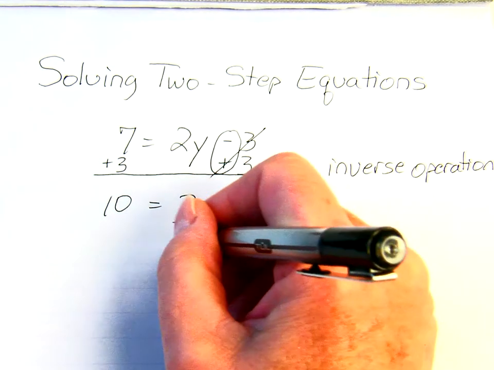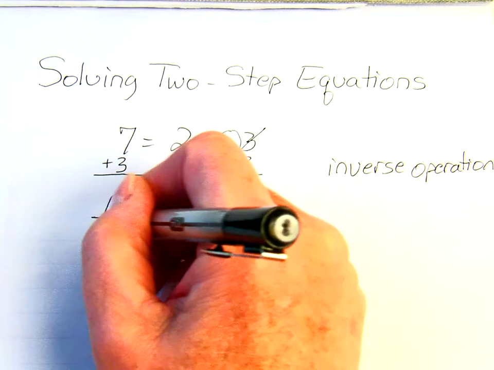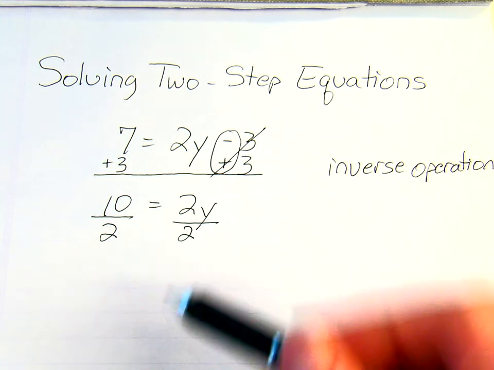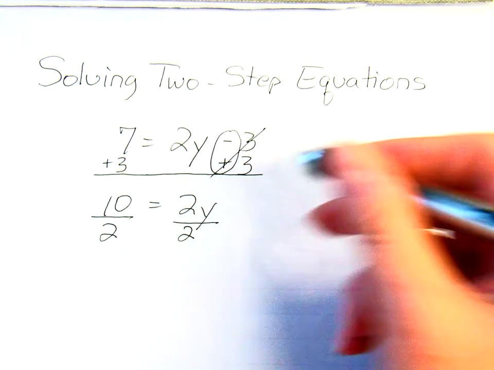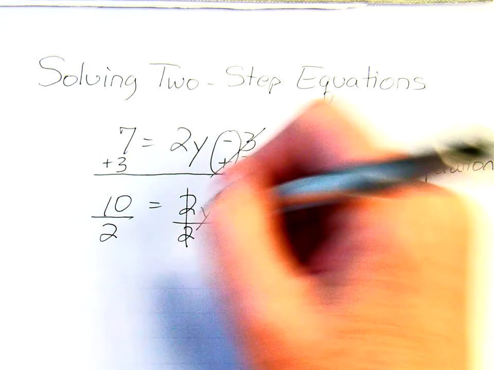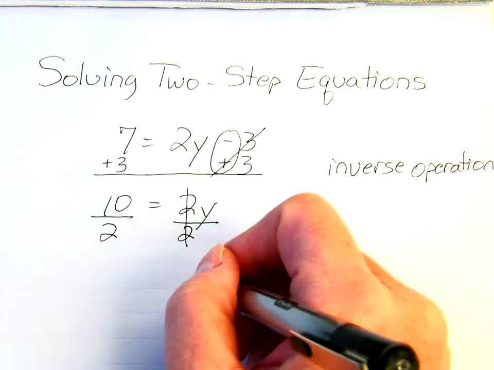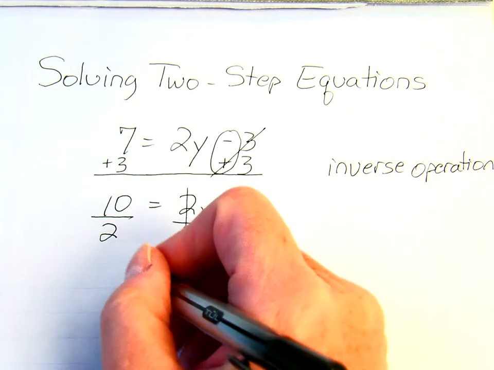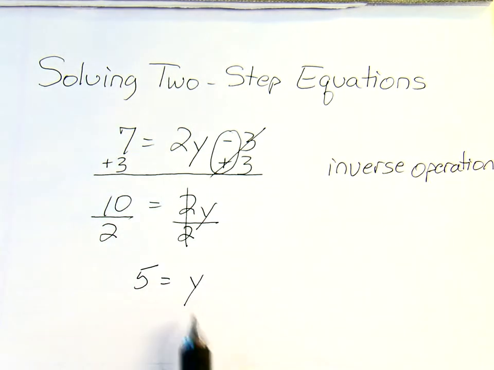We are going to divide to undo it, and we're going to divide by 2 because that's what we are multiplying by, so we will divide by the same number. 2 divided by 2 equals 1, so that gives us 1y equal to 10 divided by 2, and that is 5. So in this problem, y equals 5.